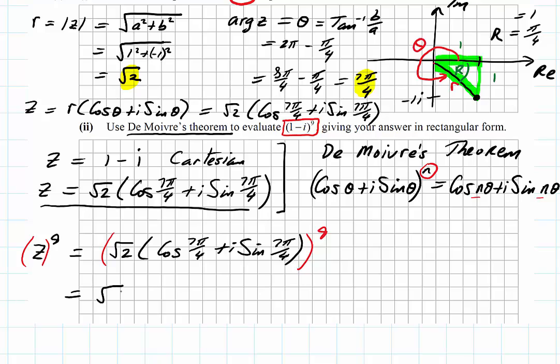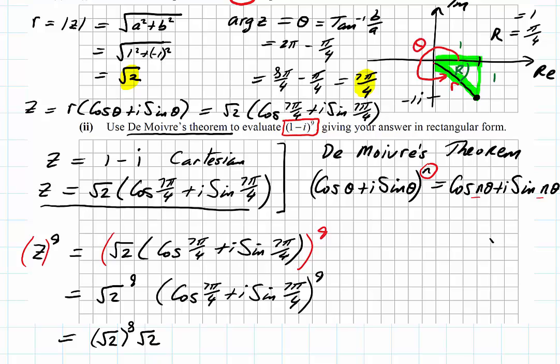Which means we've got root 2 to the power of 9 times cos 7 pi over 4 plus i sine 7 pi over 4, all to the power of 9. But you can spot that root 2 to the power of 9 is really root 2 to the power of 8 by root 2 to the power of 1.